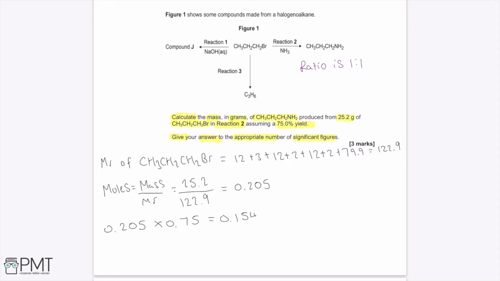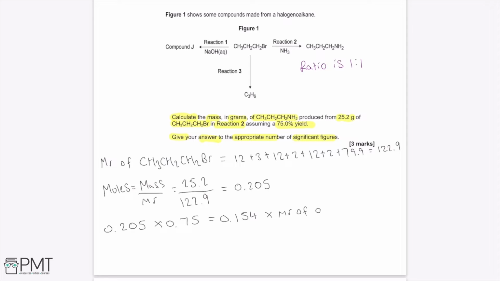And then what we now need to do, because we were asked to calculate the mass in grams of our primary amine, is do 0.154 multiplied by the Mr of our amine.